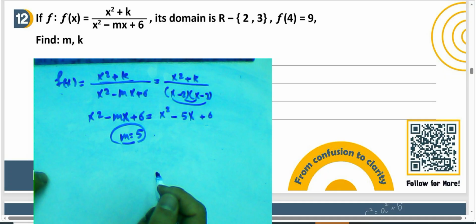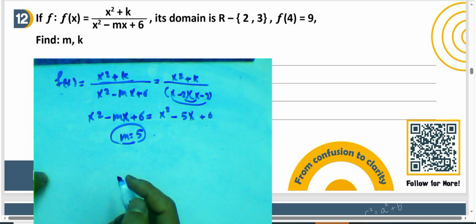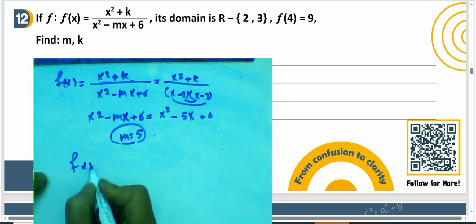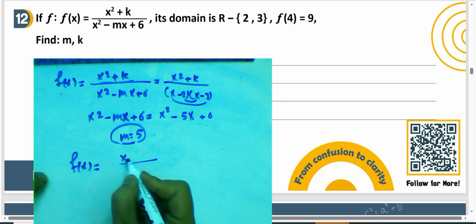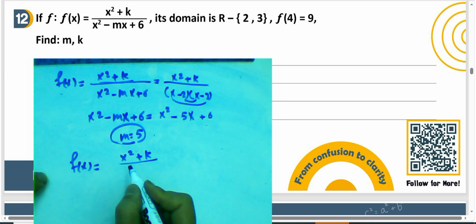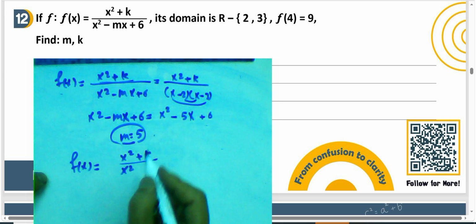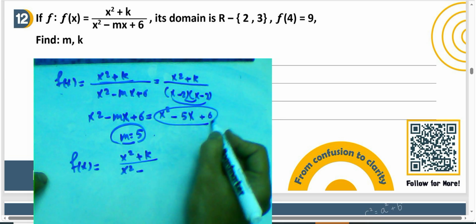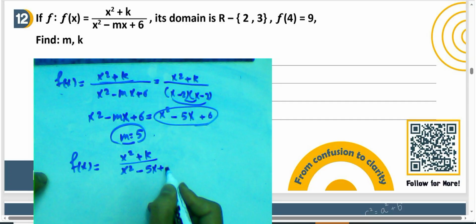And he also gives me this information, f of 4 equals 9. The function is f of x equals x power 2 plus k over x power 2 subtract 5x plus 6.